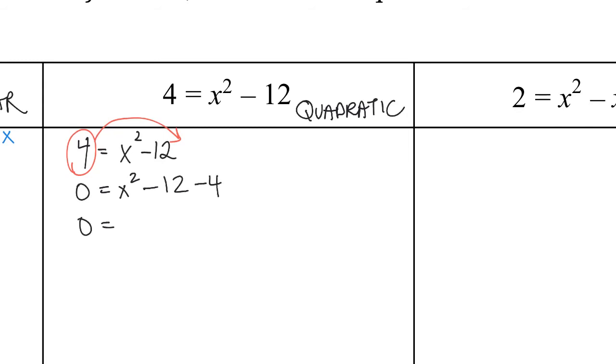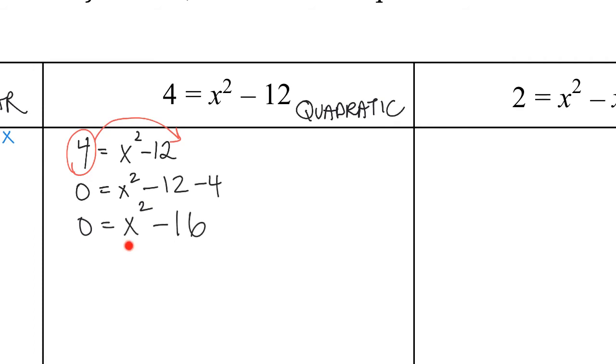And then we can collect like terms. So -12 minus 4 is -16. Now that we have our quadratic set up, we just need to figure out what method of factoring we are going to use. So is there a common factor that we can pull out? No. At first glance, this looks like a difference of squares question.